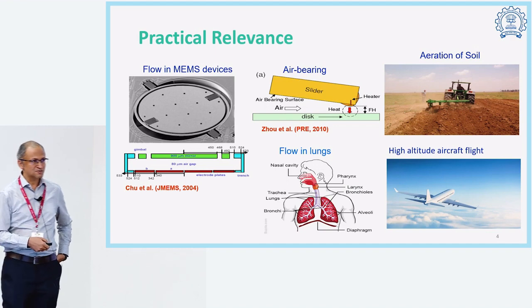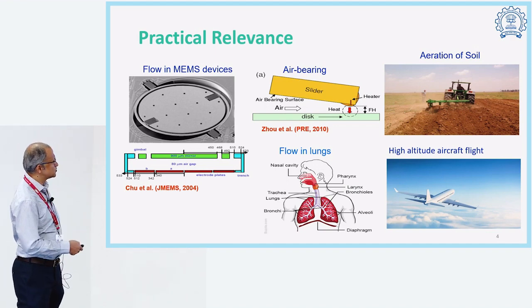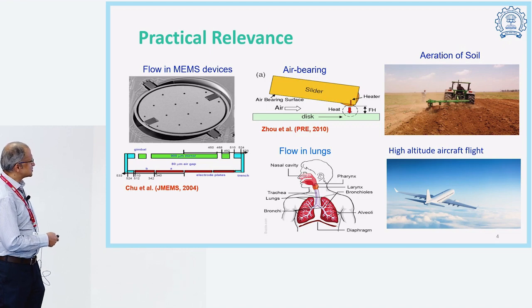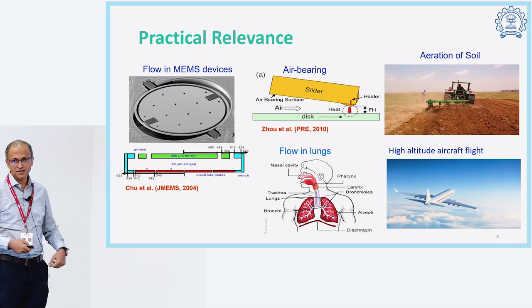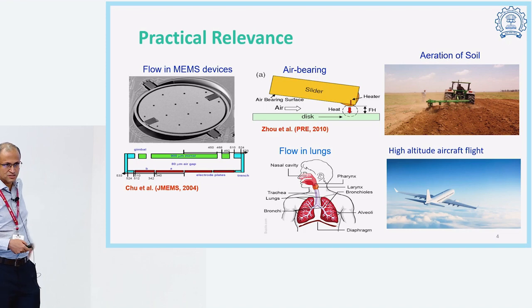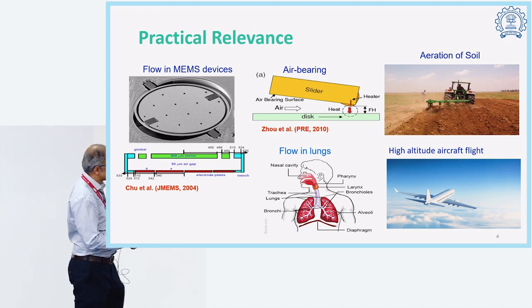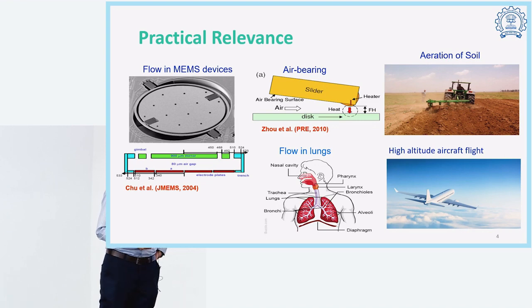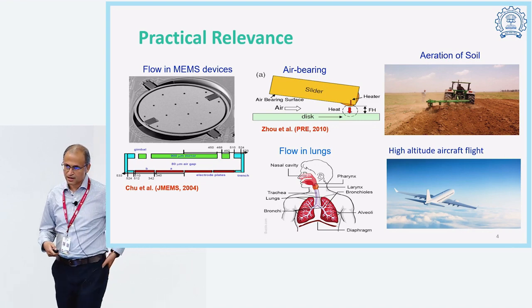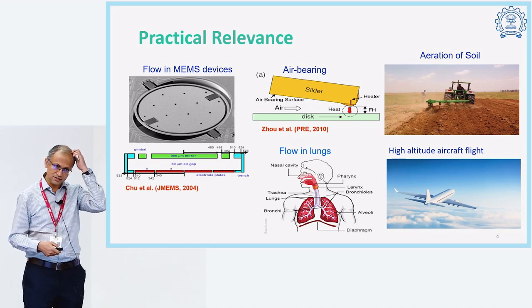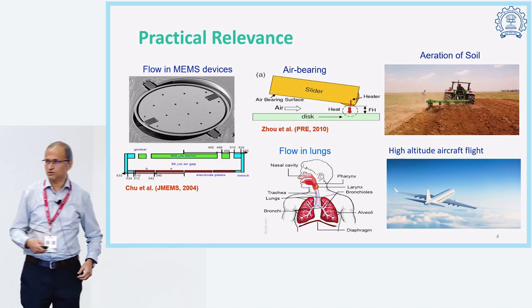So especially when we look at gases, there are a few examples that one can look at. This is, for example, a MEMS device where the damping from the air could be very important when you change the position of this. And we can also look at a very different example. For example, if you look at soil, we know that we till the soil, and the simple reason is that the roots of the plant also need oxygen.